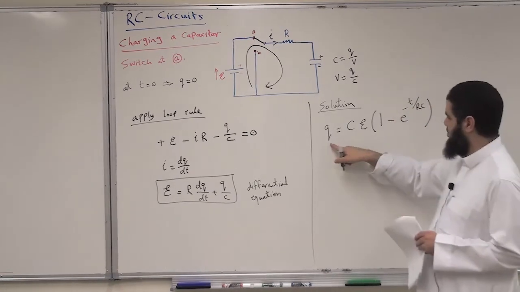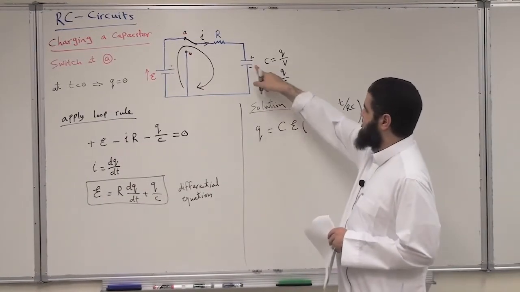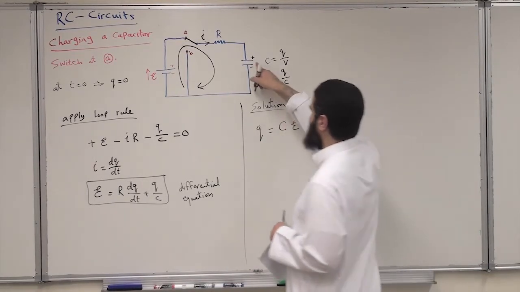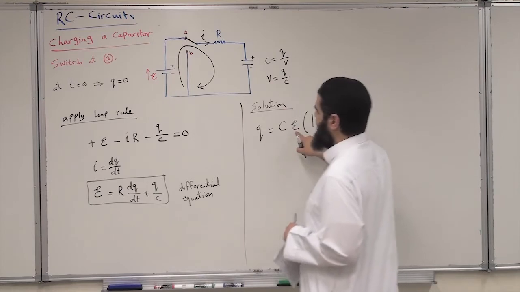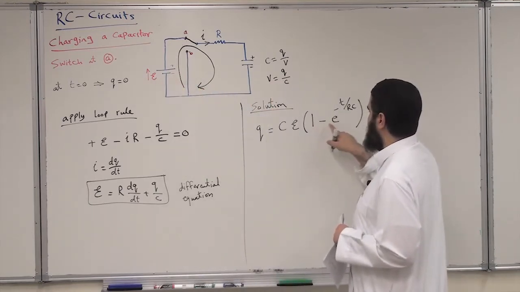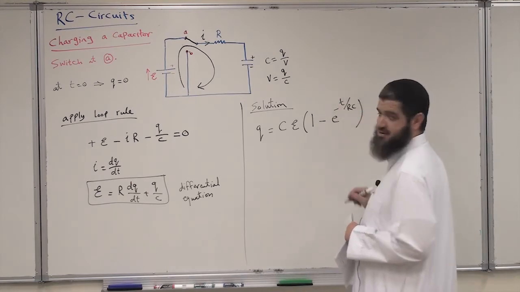Q, the charge on this capacitor at any time, equals C, the capacitance of this capacitor, multiplied by E, the EMF of the device, multiplied by 1 minus e to the minus t over RC.